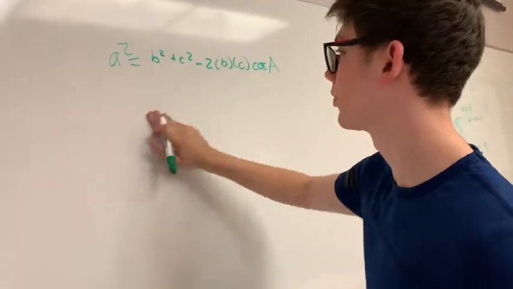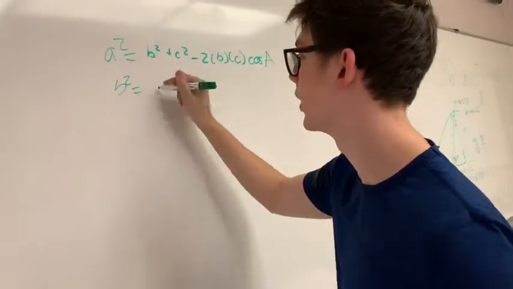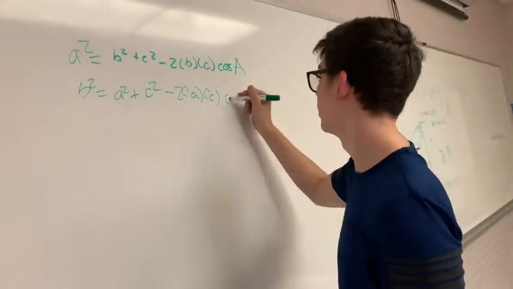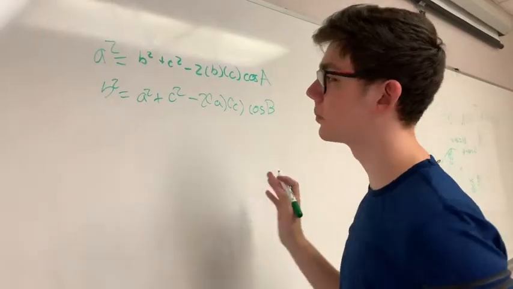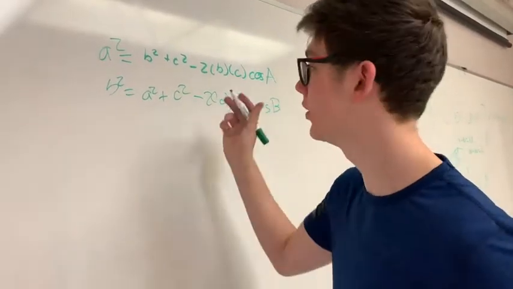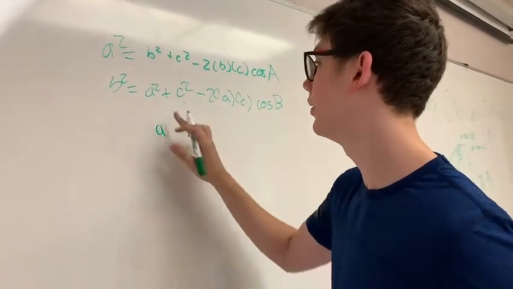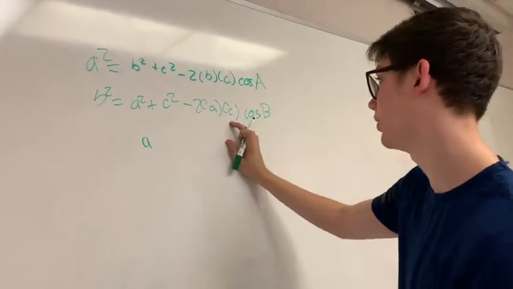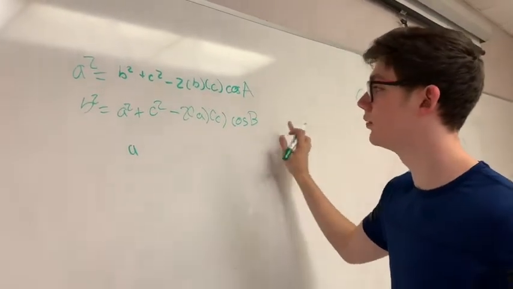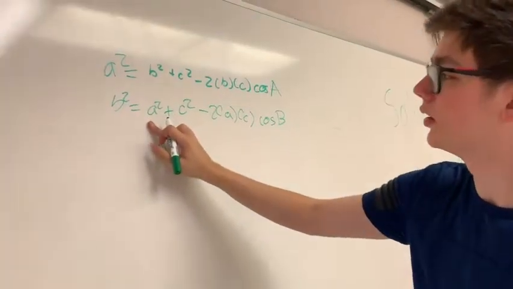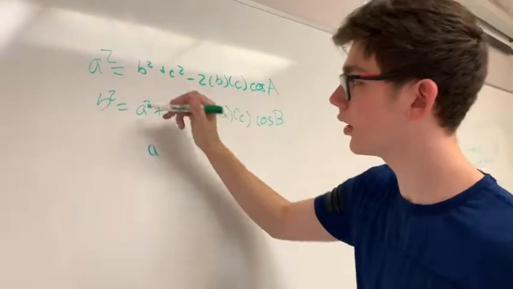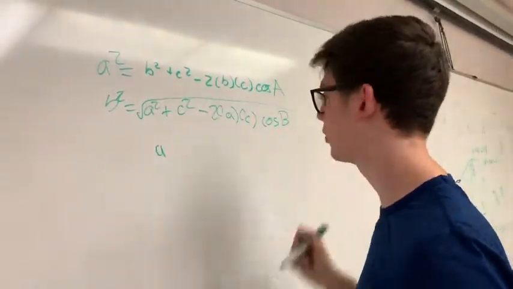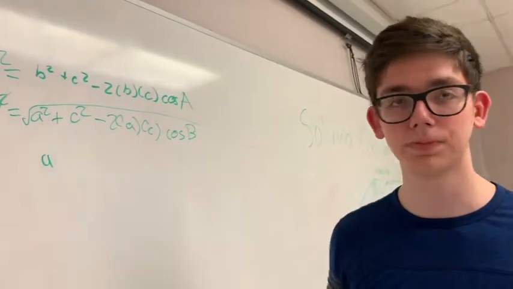And to get the other formulas like b squared, like before, this can be solved really easily. So you just need the angle, the side of A, side of C, and the angle of B. You just put all of this in the calculator, and then you square root it, and that will be the answer.